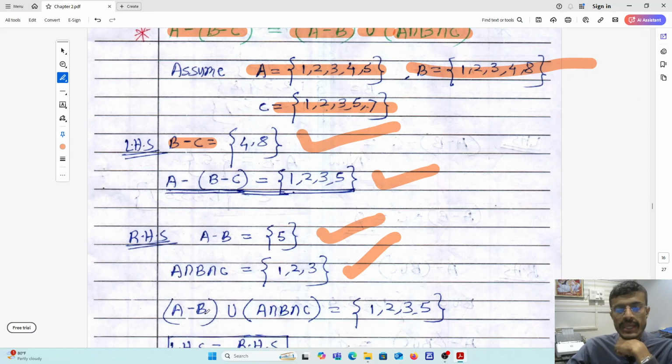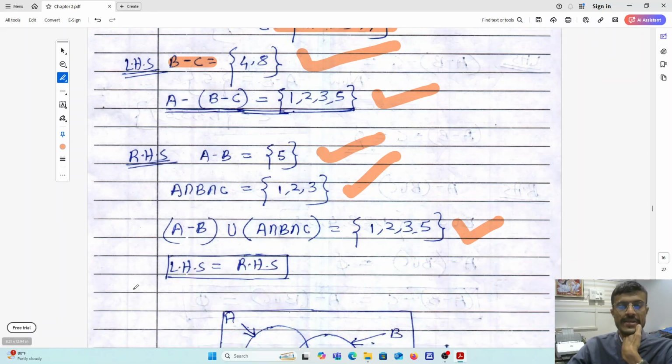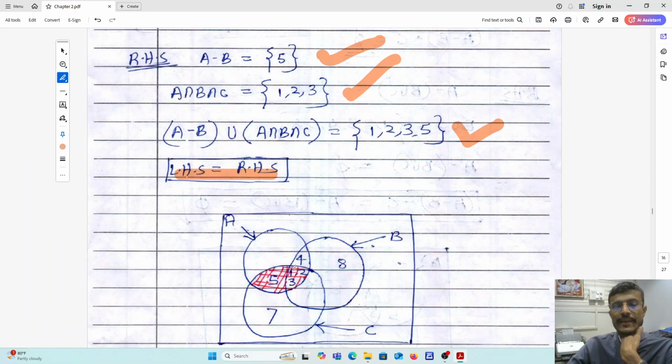RHS will be (A minus B) union (A intersection B intersection C), which is 1, 2, 3, 5. So the LHS gives the result 1, 2, 3, 5, and the RHS also gives 1, 2, 3, 5. Okay, so LHS is equal to RHS, and by using this we can mark the highlighted portion for the given Venn diagram. Fine. So 1, 2, 3, 5.